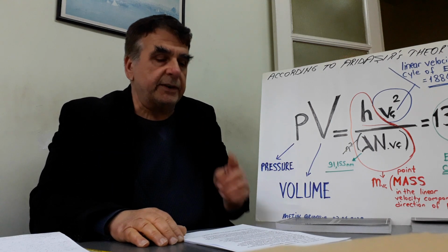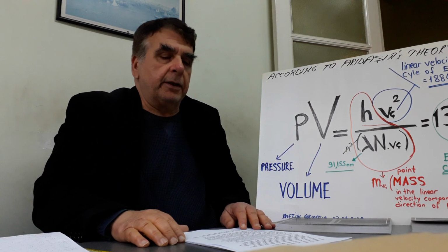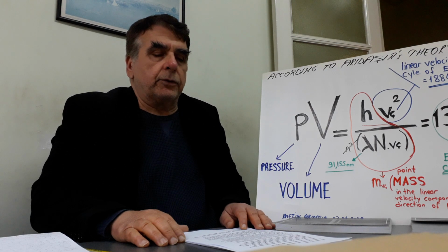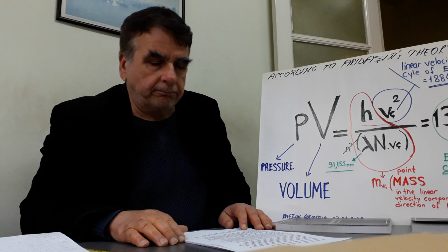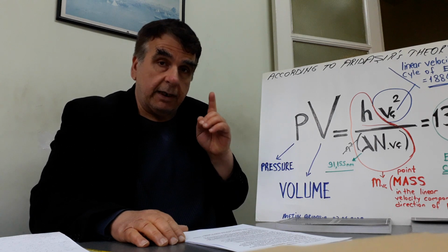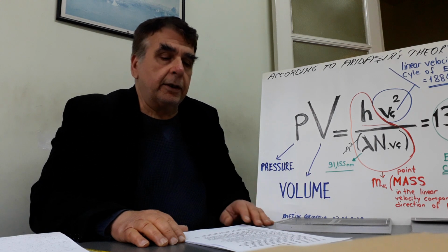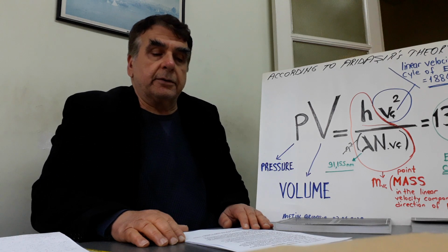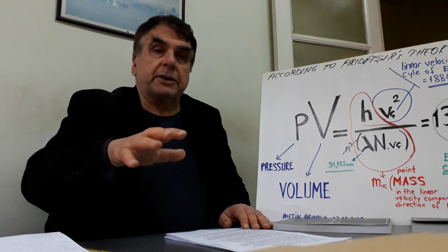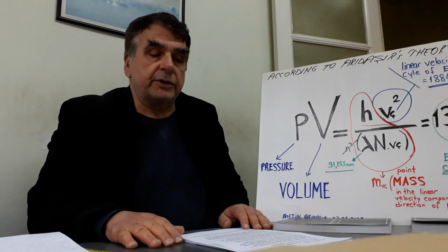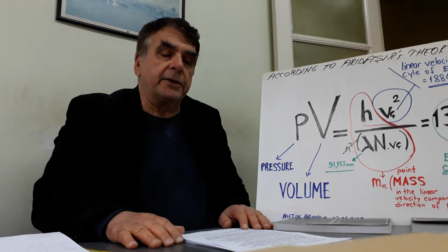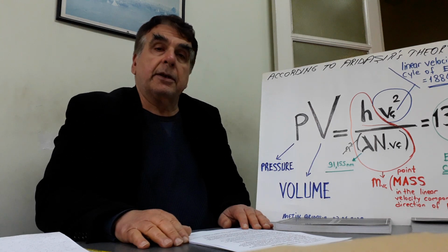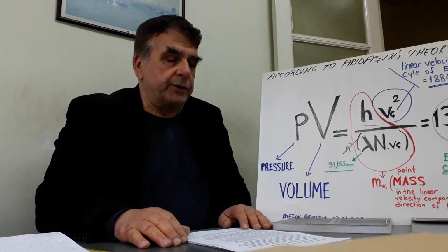Point mass is 3.858 10 to the minus 36 kilogram. Point mass I have computed, and 136.9, approximately 137 10 to the minus 19 joule constant energy, point energy.